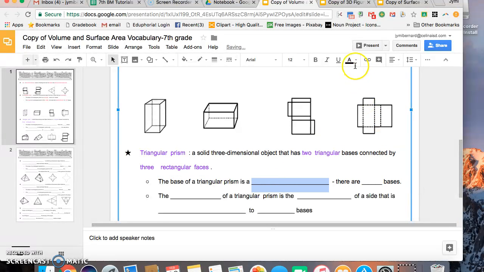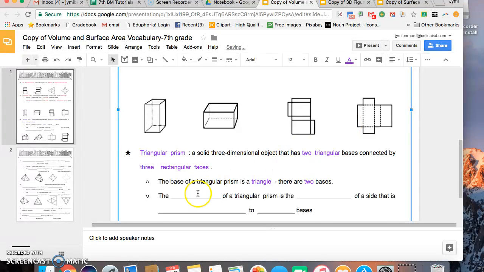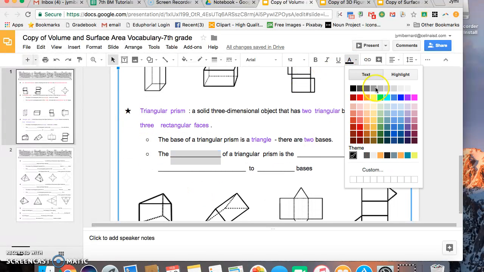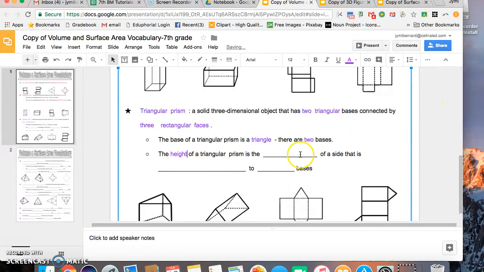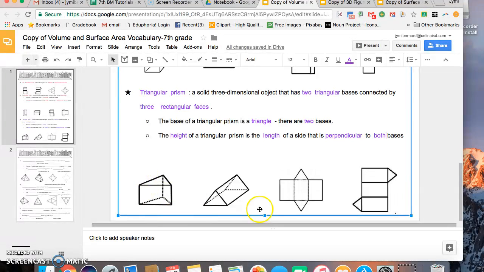The base of a triangular prism is obviously a triangle. And just like on the rectangular prism, there are 2 bases. And just like on the rectangular prism, the height of a triangular prism is the length of a side that is perpendicular to both bases. Once again, shade your bases on here. Your base will always be the triangle on a triangular prism.